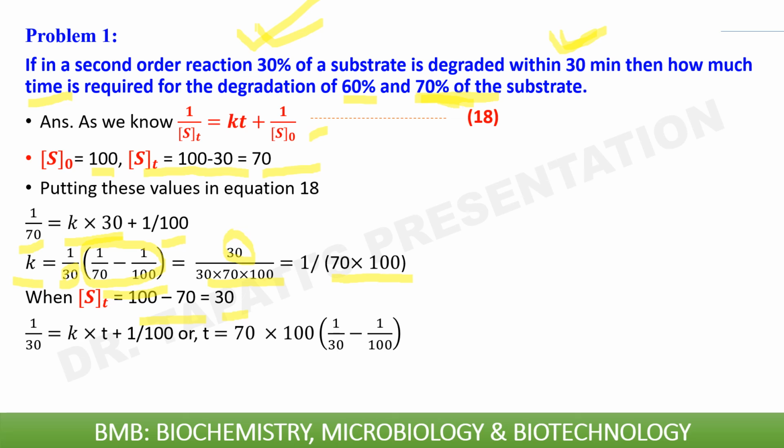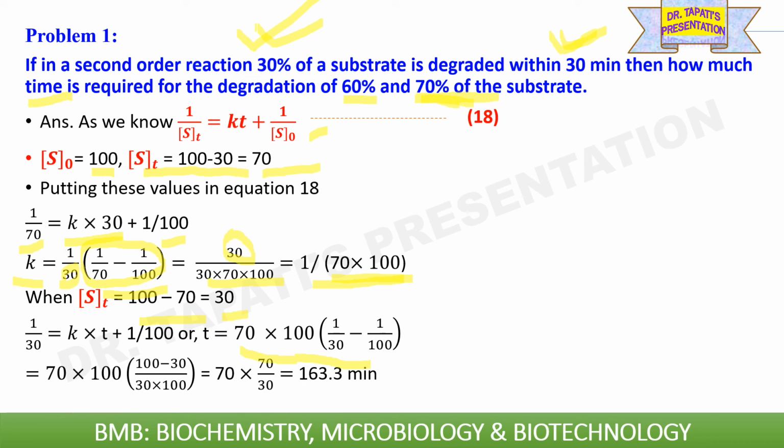If we put St value in equation 18 and K value as 1 by 70 into 100, then we will get T equal to 70 into 100 into 1 by 30 minus 1 by 100, or we can write it as 70 into 100 into 100 minus 30 divided by 30 into 100.